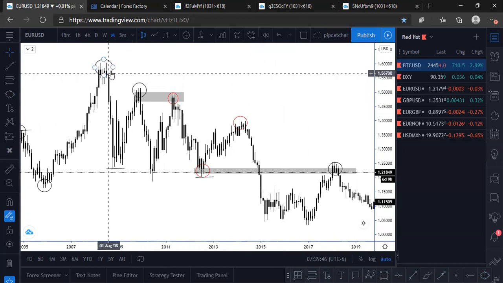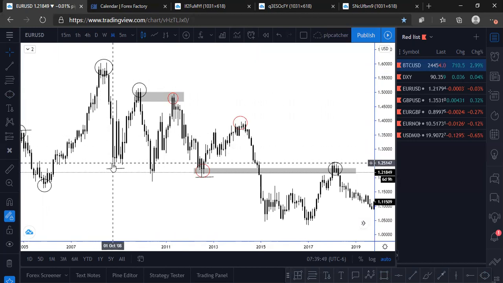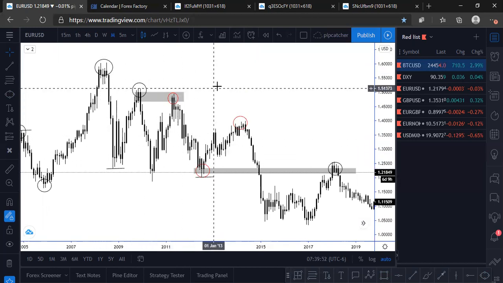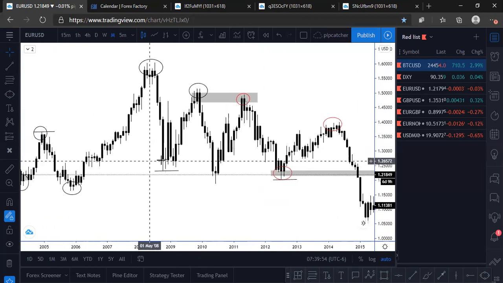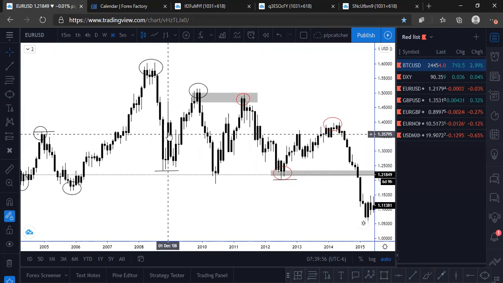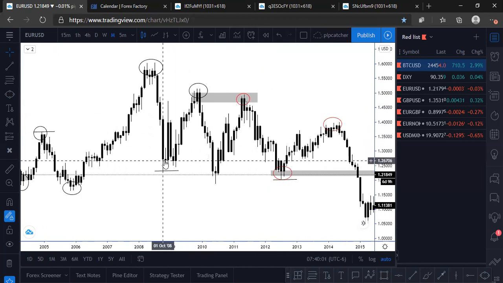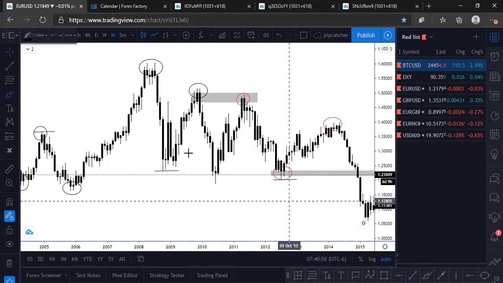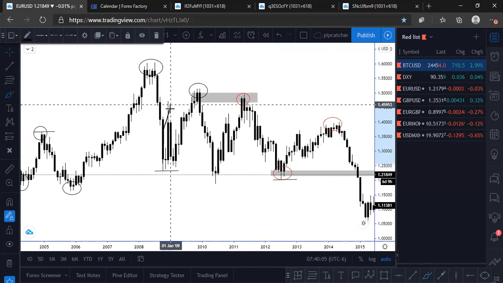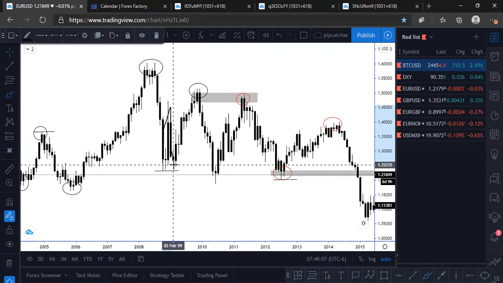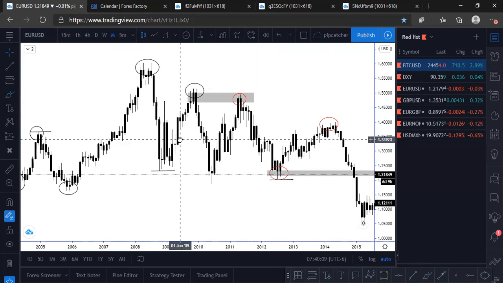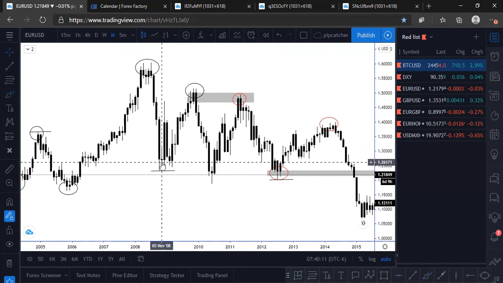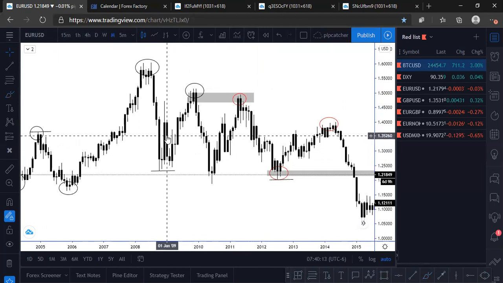Even from here to here, maybe on a lower time frame, from this impulse up back into this area down here, you might have seen a break of structure on the lower time frames, right?